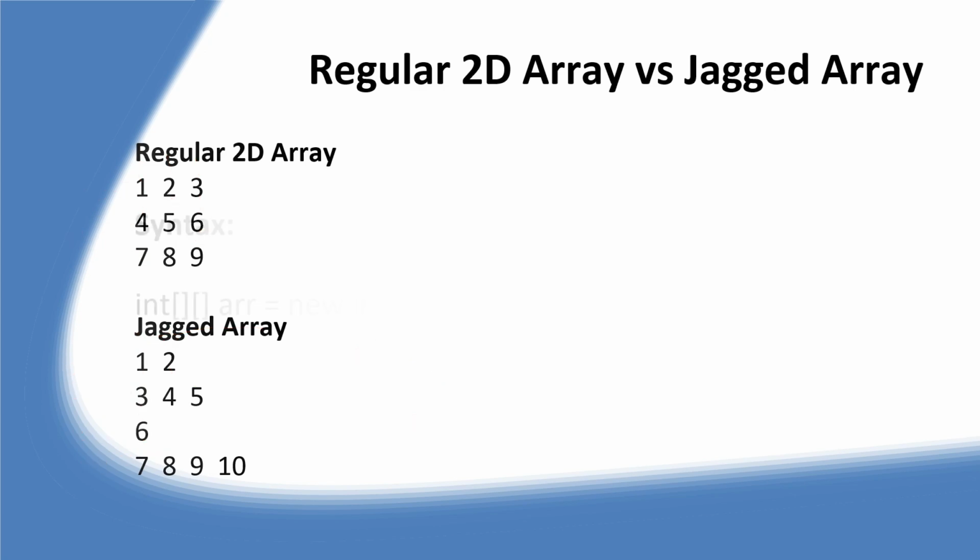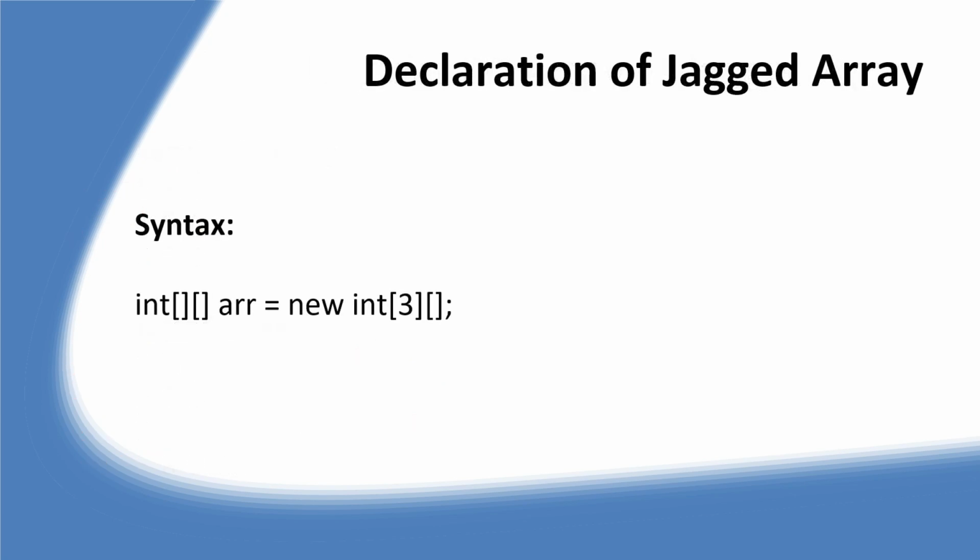Let's see the declaration of a jagged array. Here we create a jagged array with 3 rows. Notice that we specify only the number of rows, but in the place of the column value it is blank.